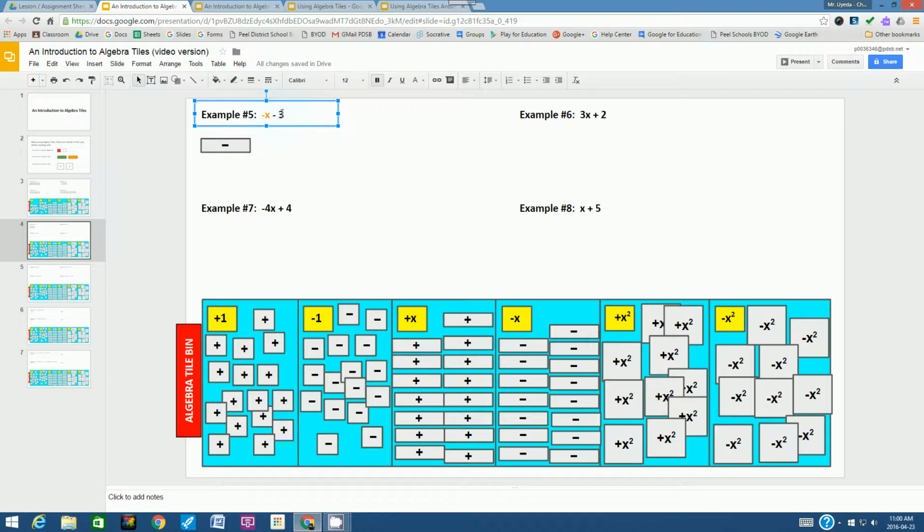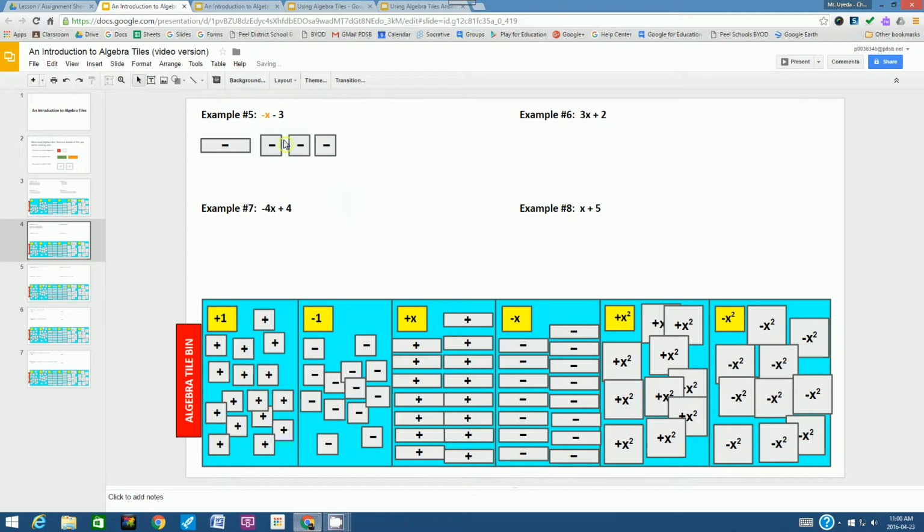And let's look at the next part of our algebraic expression, negative 3. Well, that's pretty easy. We bring over 3 negative tiles. So this tile diagram represents negative x and negative 3.